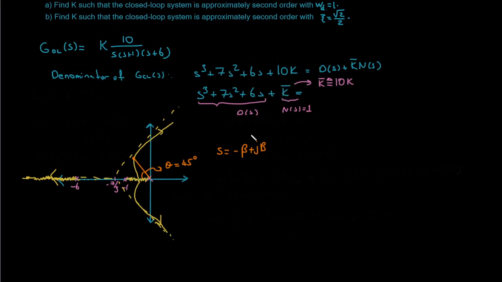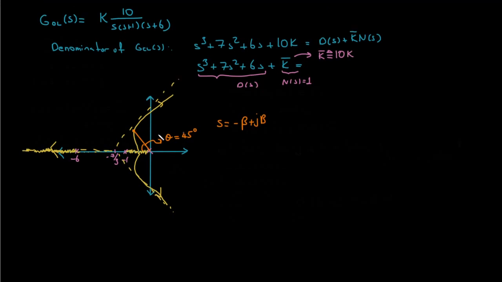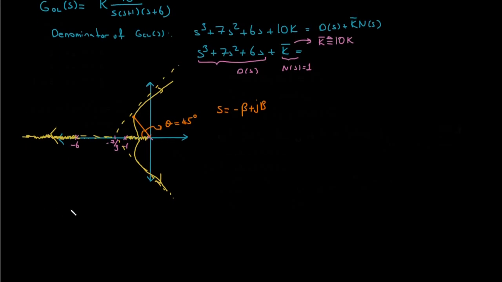So I will write this equation once again, but this time I will replace S with minus beta plus minus j beta. So let me do that over here. So I can write once again S cubed plus 7S squared plus 6S plus K bar is equal to 0, and we're going to replace S with minus beta plus j beta.